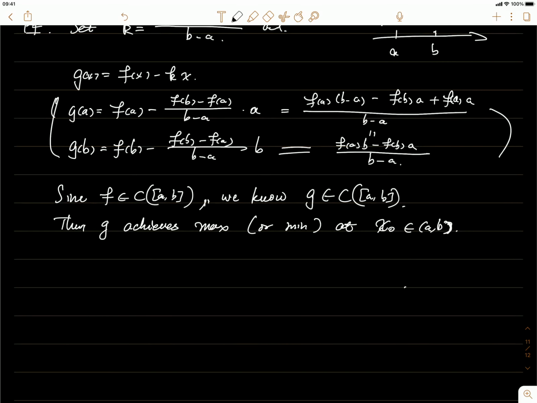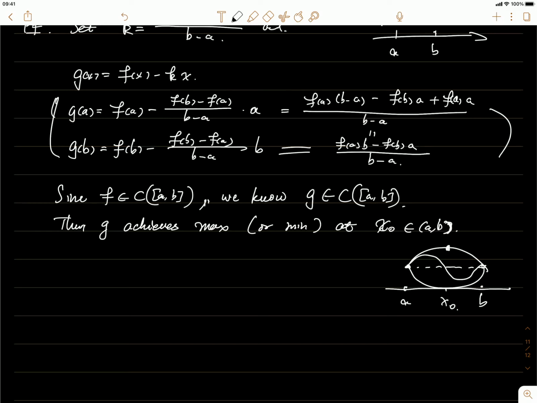It achieves the maximum at x naught means that, say g takes the value like this. What we know is that this is the level. It could be like this, or like that, or like this, so it must attain a maximum or minimum somewhere. That's the function g. So suppose it attains the maximum here at x0.